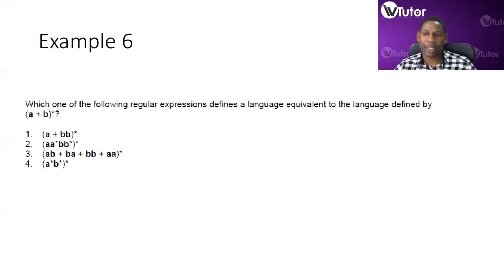Let's look at finishing up with the regular expressions now. We need to move on to the finite automata. Which of the following regular expressions define the language equivalent to (A or B) clean star?